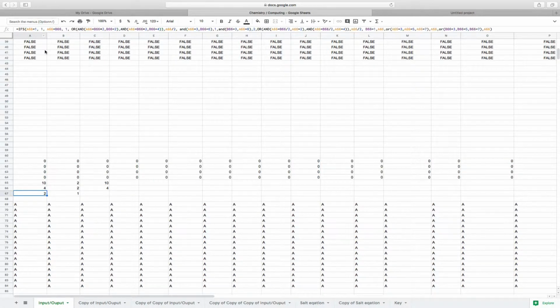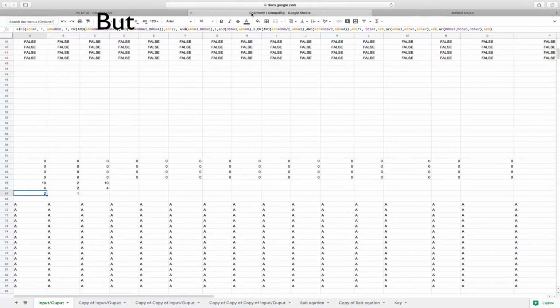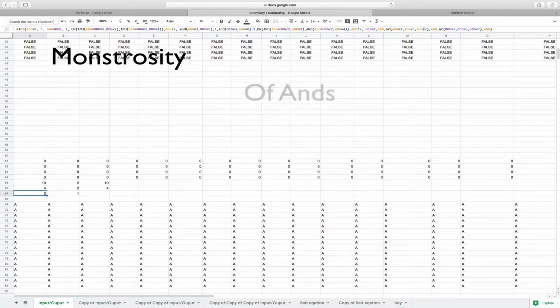Anyway, here what it does is it essentially matches it down. If they have a highest common factor, it basically divides. Because Excel doesn't have a function for highest common factor, and yes, I know, I could have used JavaScript, but I was stupid and I didn't, we're stuck with this monstrosity of ANDs and ORs.